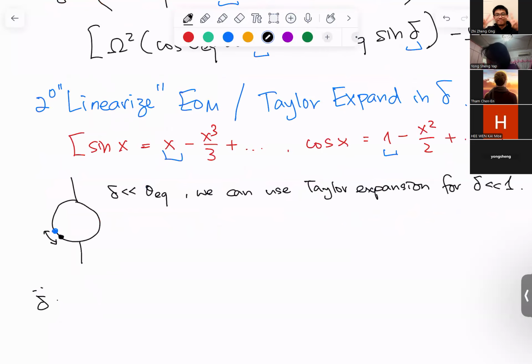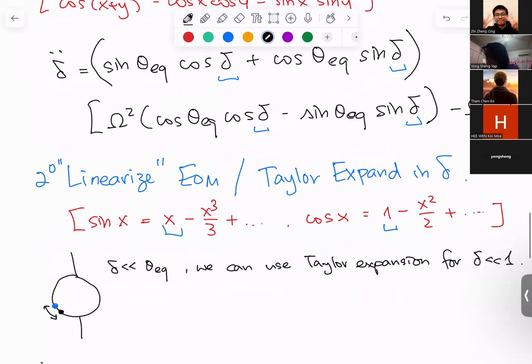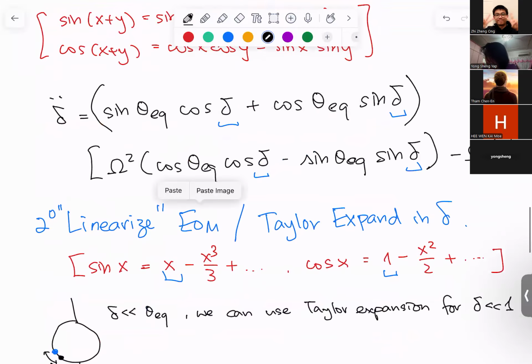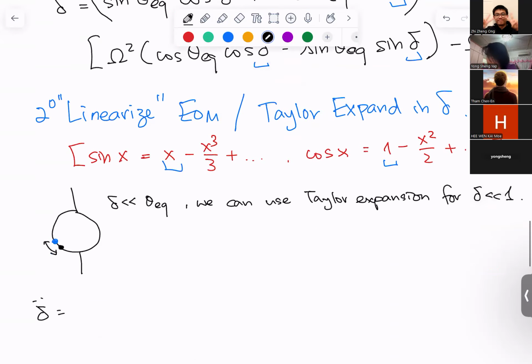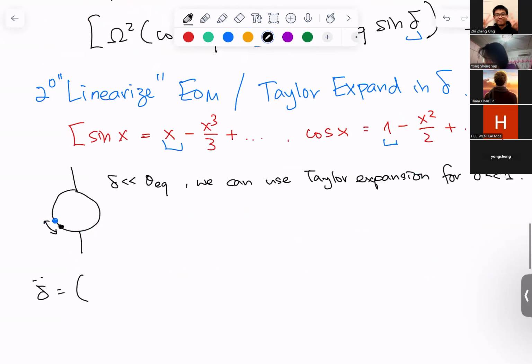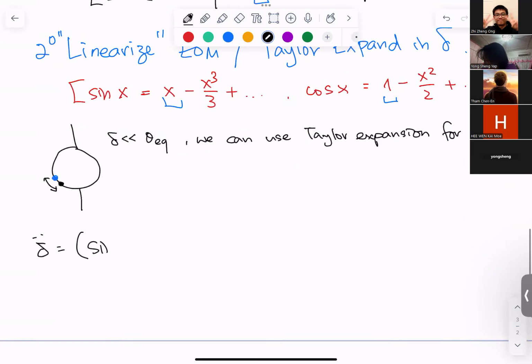So the equation of motion is basically, the first thing we can do, we have sine theta EQ times cosine delta, and cosine delta is basically 1. And sine of delta is basically just delta. So for the first half, we have sine theta EQ times 1 plus cosine theta EQ times delta.